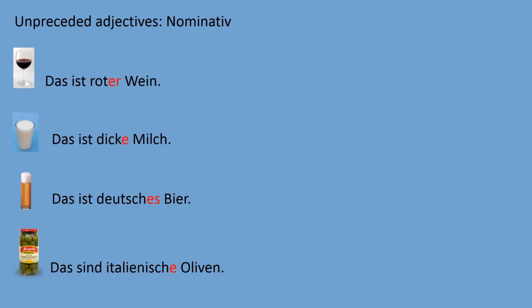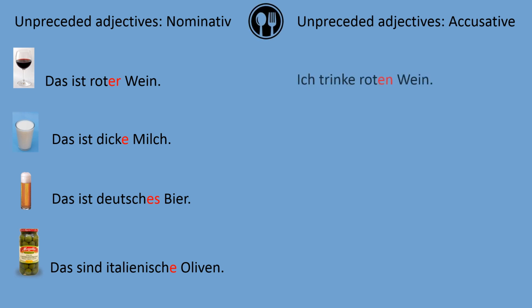Okay, and let us use these nouns in the accusative case. And how can we do it? Through the consuming of all this food. So I can always say, ich trinke roten Wein. I drink red wine. Or ich trinke dicke Milch. I drink thick milk. Or ich trinke deutsches Bier. I drink German beer.